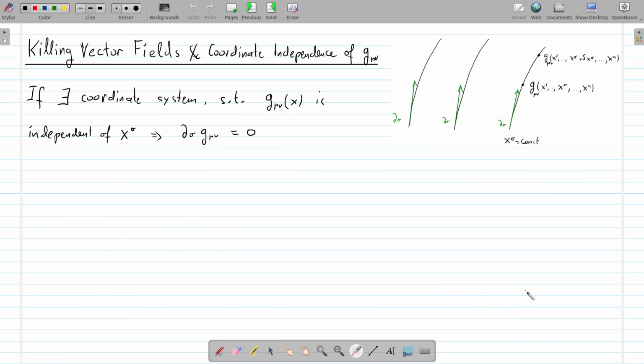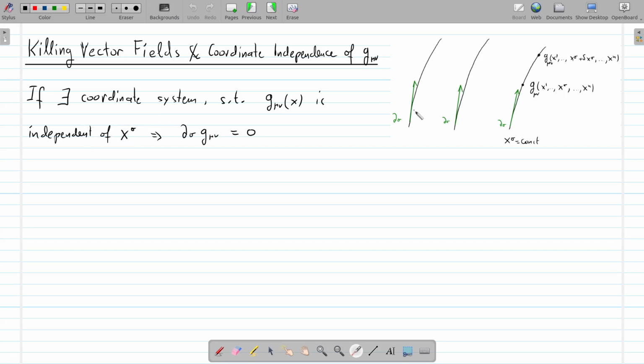An easy way to find at least some of the Killing vector fields of a manifold is to choose a coordinate system such that the components of the metric in that coordinate system are independent of one or more of the coordinates of that coordinate system. So let's say that there exists a coordinate system such that the components of the metric in that coordinate system are independent of some of the coordinates, let's call it x sigma.